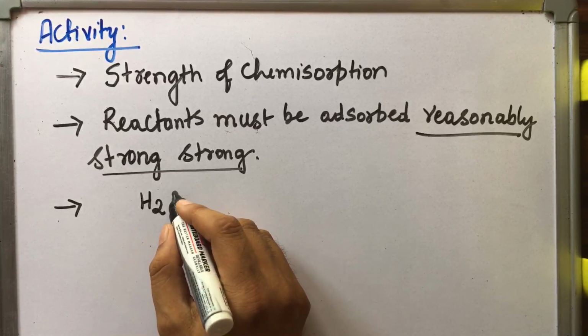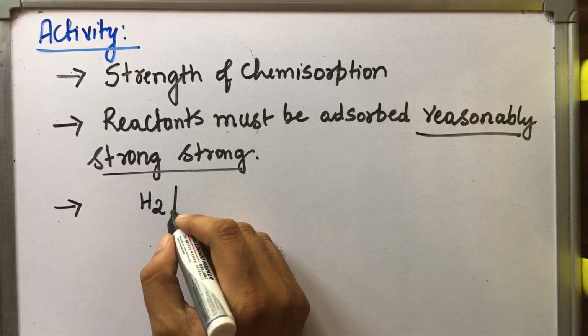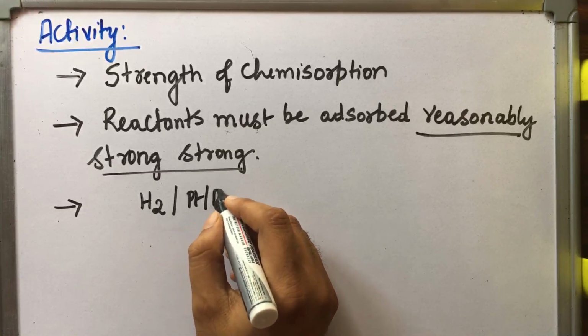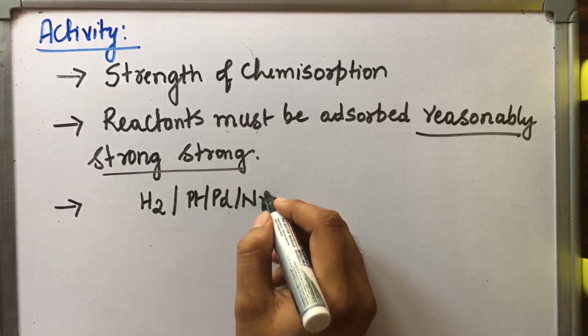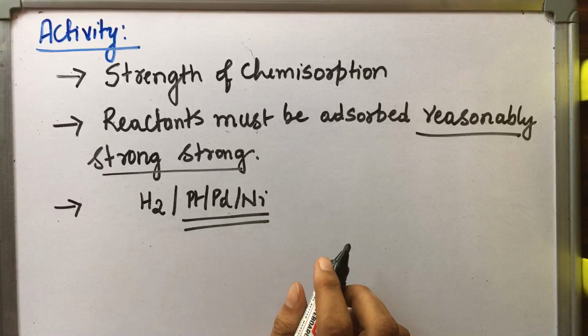hydrogenation is nothing but addition of hydrogen in the presence of platinum or palladium or nickel as catalyst. You have studied these reactions in your organic chemistry.